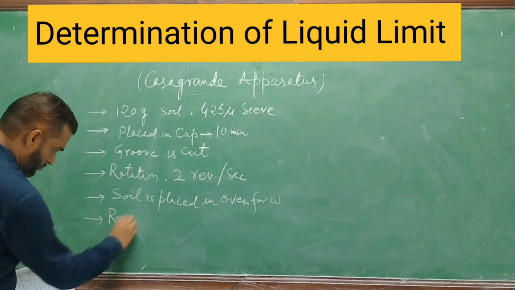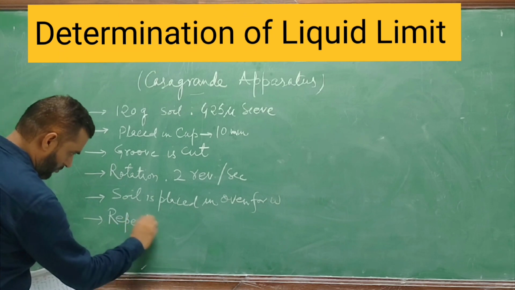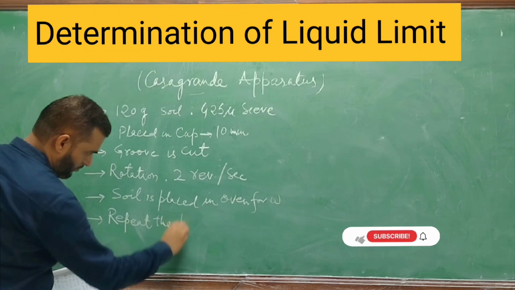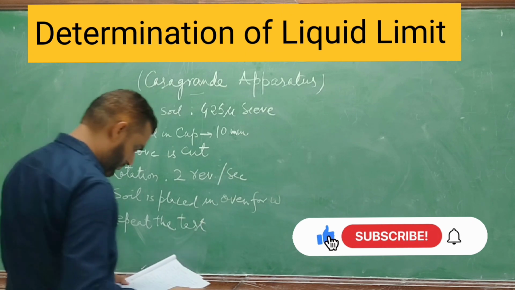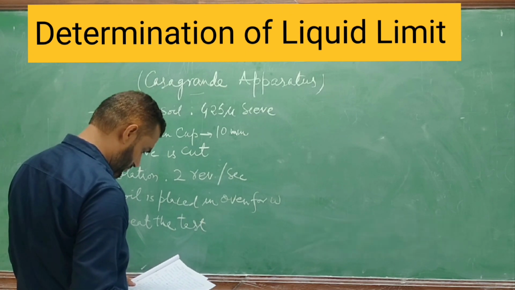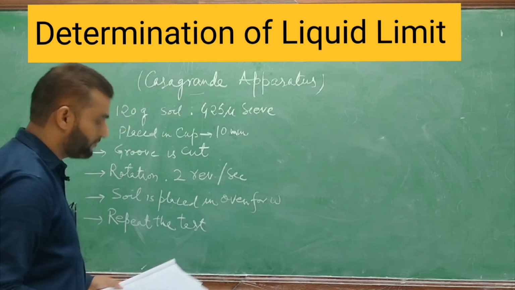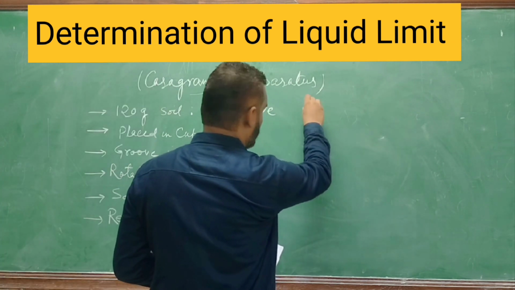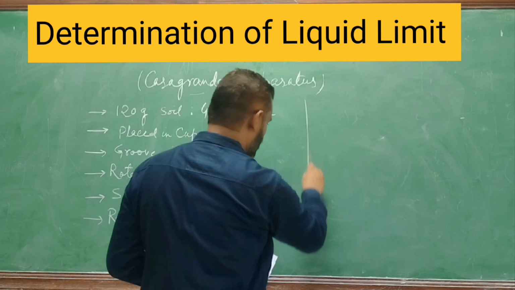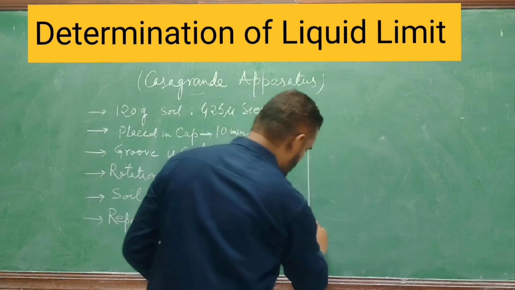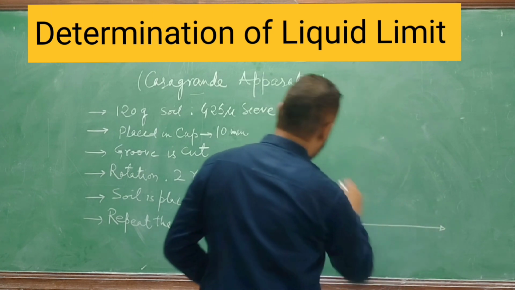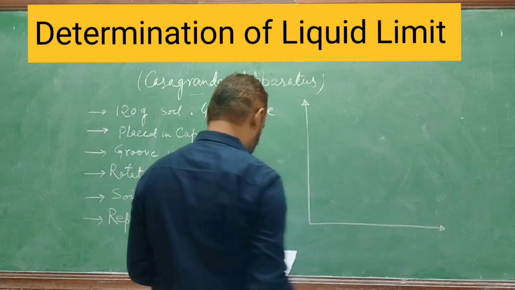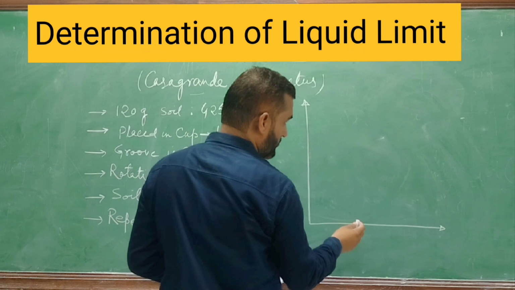By altering the water content of the soil and repeating the operation mentioned above, 4 to 5 readings of water content in the range of 10 to 40 blows are obtained. Graph is plotted between number of blows N on a logarithmic scale and the water content W on a natural scale.